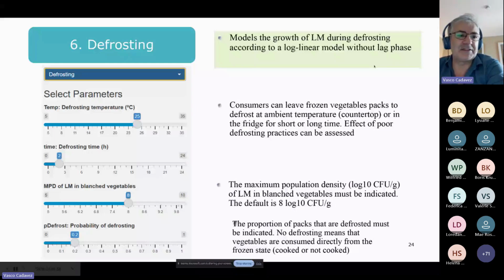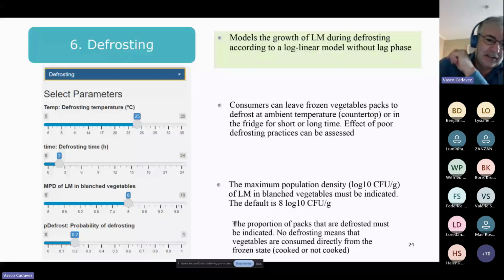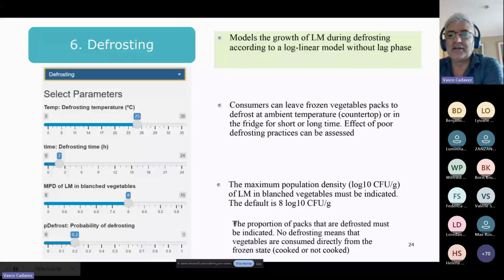And the parameters that you can select are the defrosting temperature, you can defrost at different temperatures, the time that you are defrosting, and of course the maximum population density in the blanched vegetables, and the probability of defrosting. With this probability of defrosting, you can model a situation where 100% of the food is defrosted, and you can also model a situation where no defrosting is done and the vegetables are cooked immediately.